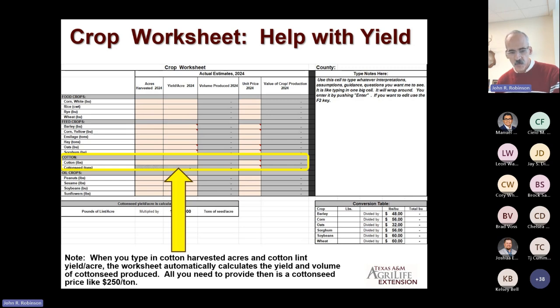You can't type anything in there, but if you give me acres and yield of lint, it's going to calculate by formula the tons of cottonseed per acre based on the pounds of lint that you entered above. And then all that's left for you to do is to put in a price for cottonseed over to the fourth column of entries. But anyway, cottonseed is automatic. If you enter the lint numbers, it'll calculate the cottonseed yield and volume automatically.